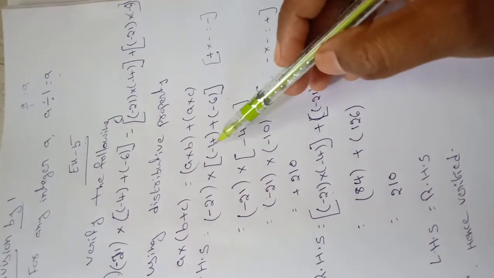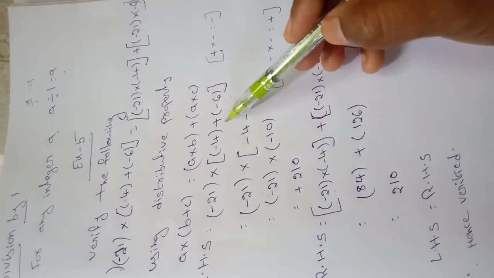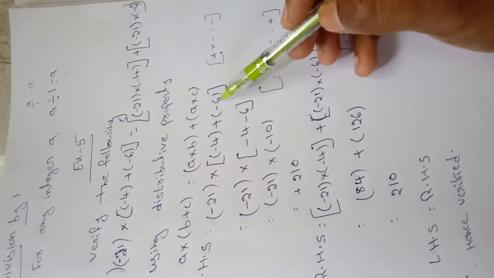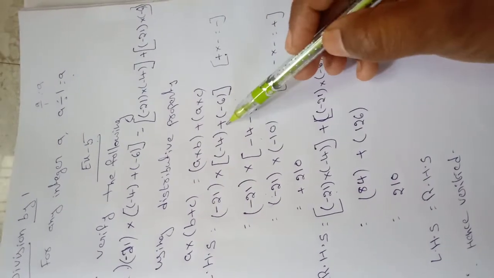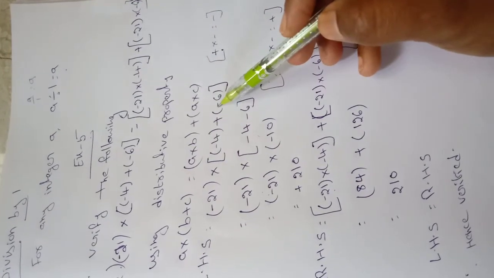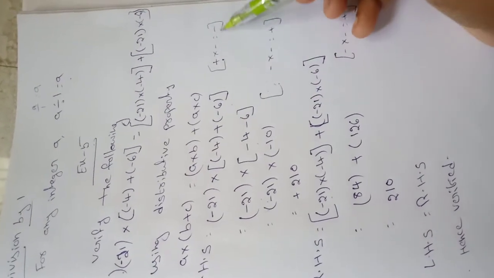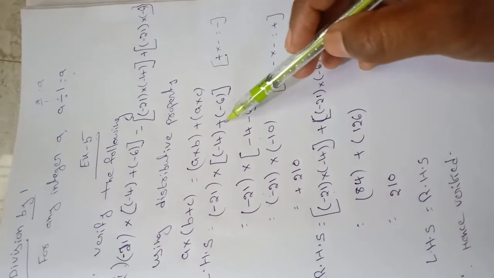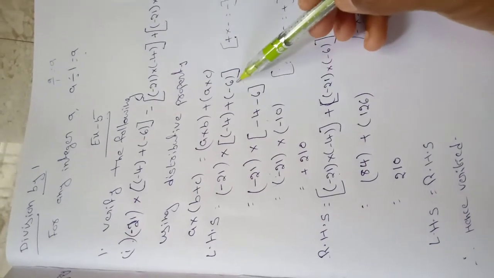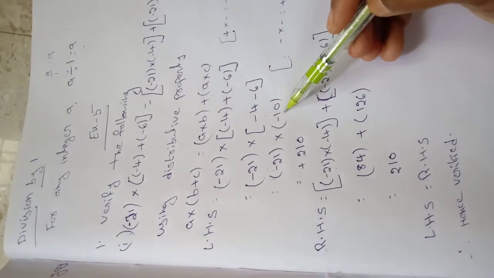So write minus 21 as it is, then minus 4 plus minus 6. Here we should add these two. Plus into minus we already learned: inside the bracket, minus 4 and minus 6 give minus 10.